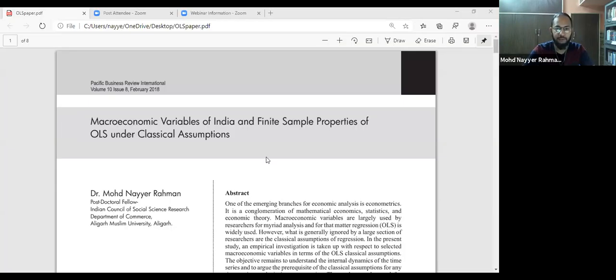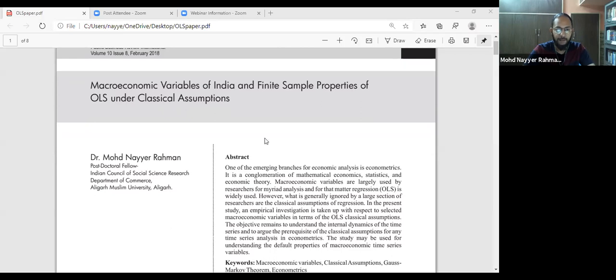I have this here, and we can go here. Okay. So you can say this is one of my publications specifically on this topic, the macroeconomic variables of India and finite sample properties of OLS under classical assumptions.